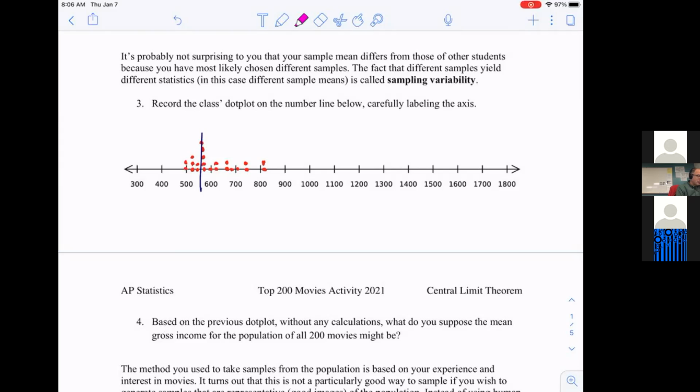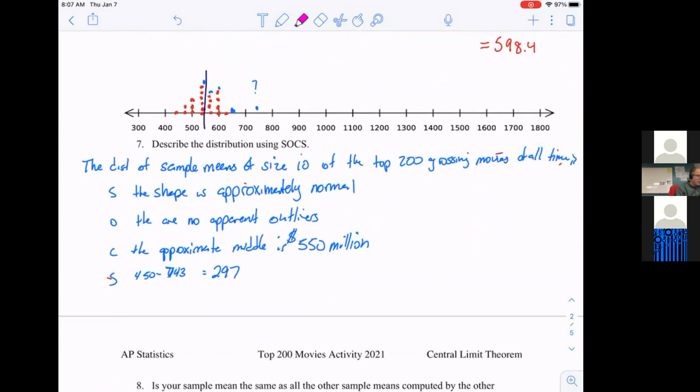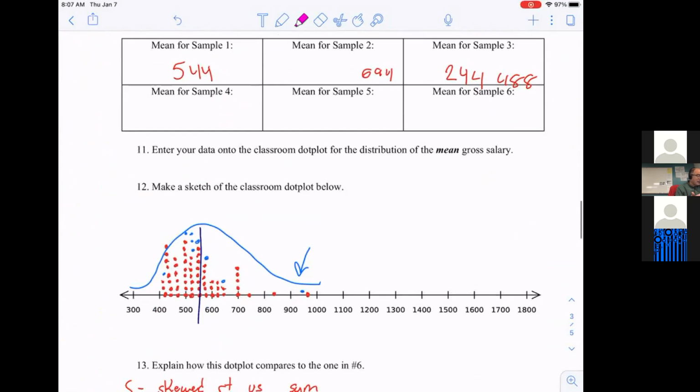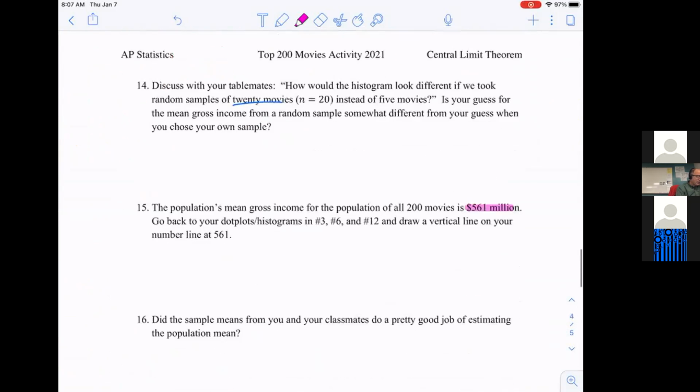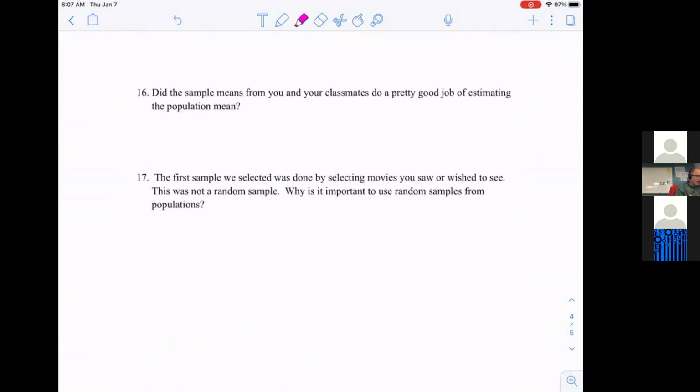Again, my judgment sample was poor because it likely included more of the bigger movies. That's why we had those samples out to the right there. And as we get to more randomness, we see that we didn't have that problem. Because we have a sample size of 5 here, there are variability issues, and that's why we have the skewness there. Anyway, 16 and 17 is what you had to finish up answering.